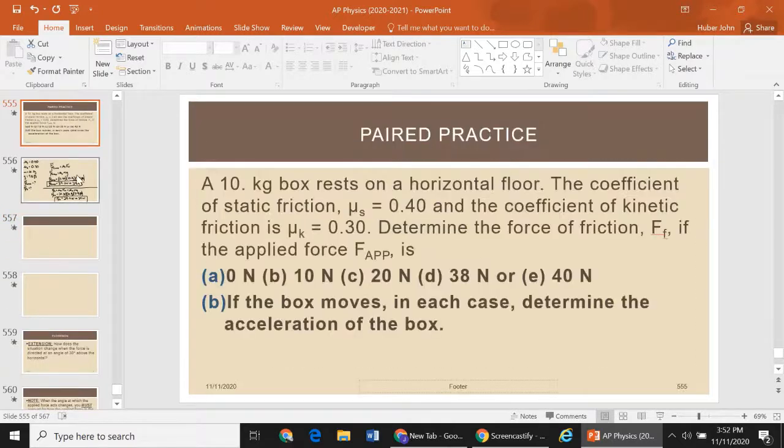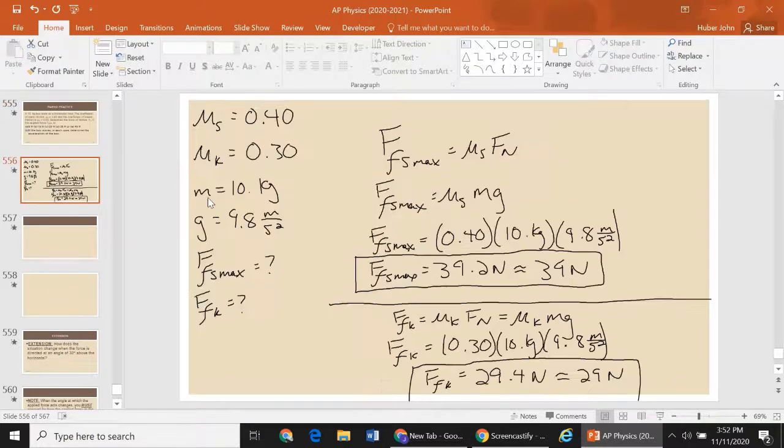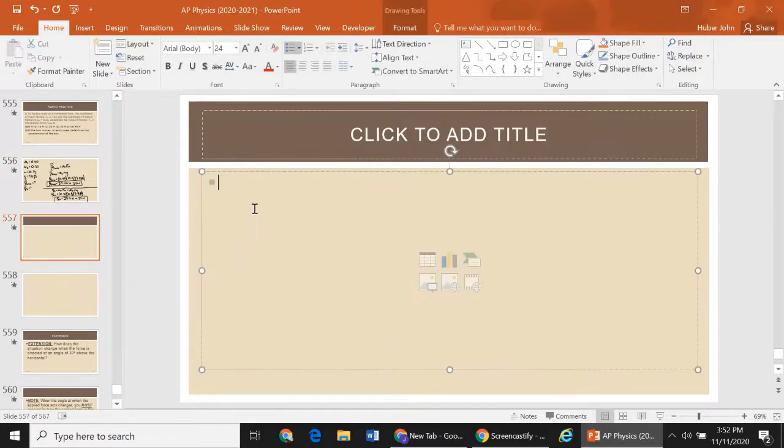All right. So the first part of this says, determine the force of friction if the applied force is 0 newtons. Well, if the applied force is 0 newtons and this calculation tells us the static friction force maximum is 39 newtons, then that means it takes 39 newtons to make the box move. So that means the box isn't going to move. So for part A, we'll say the box won't move.